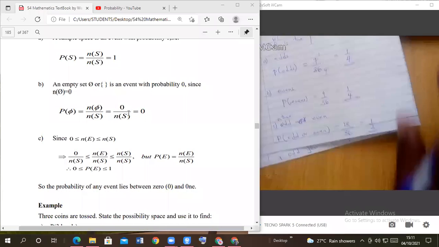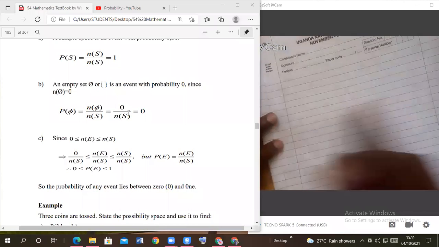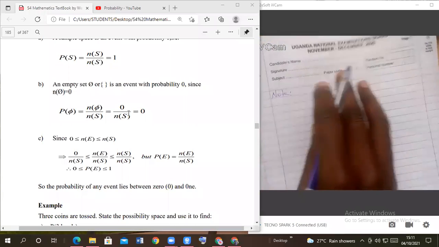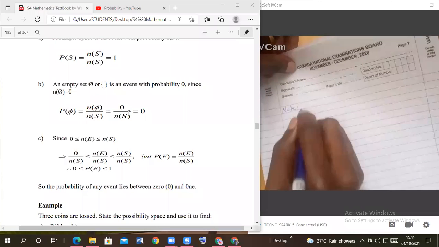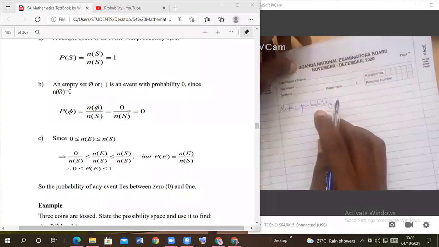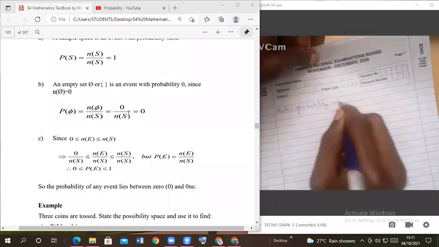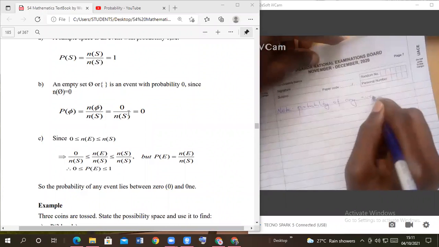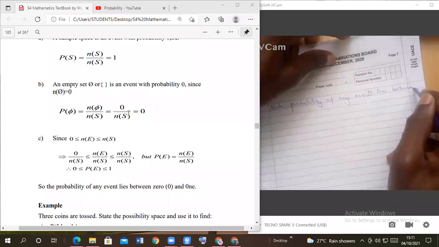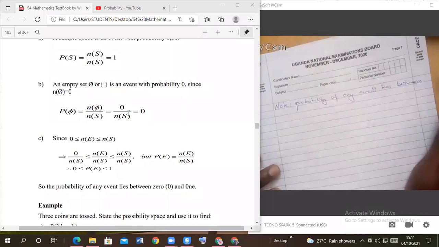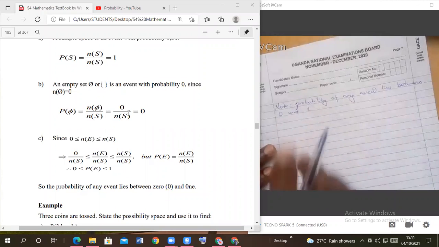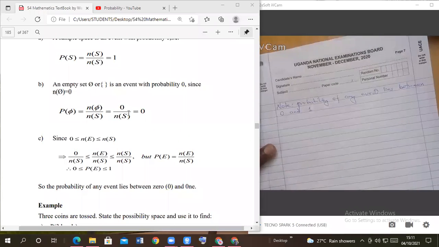Members, note this one down. Probability of any event lies between 0 and what?